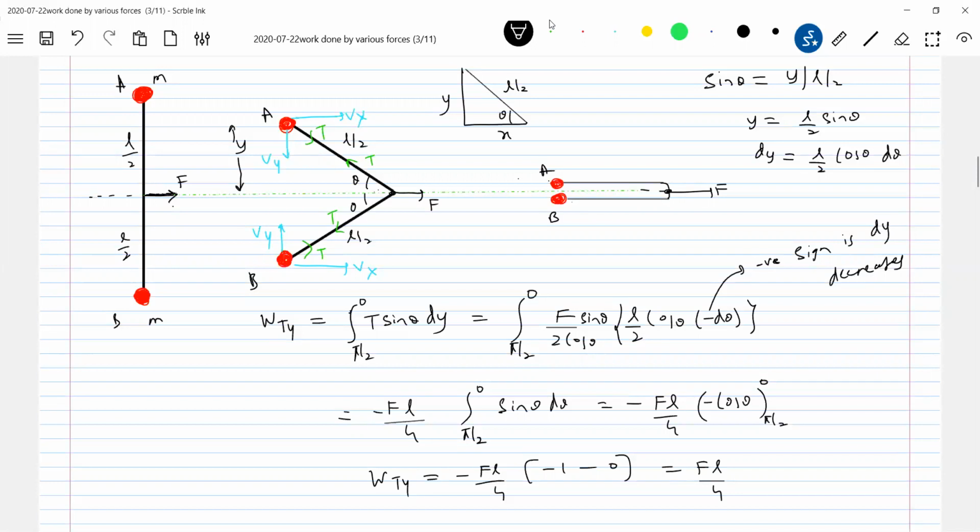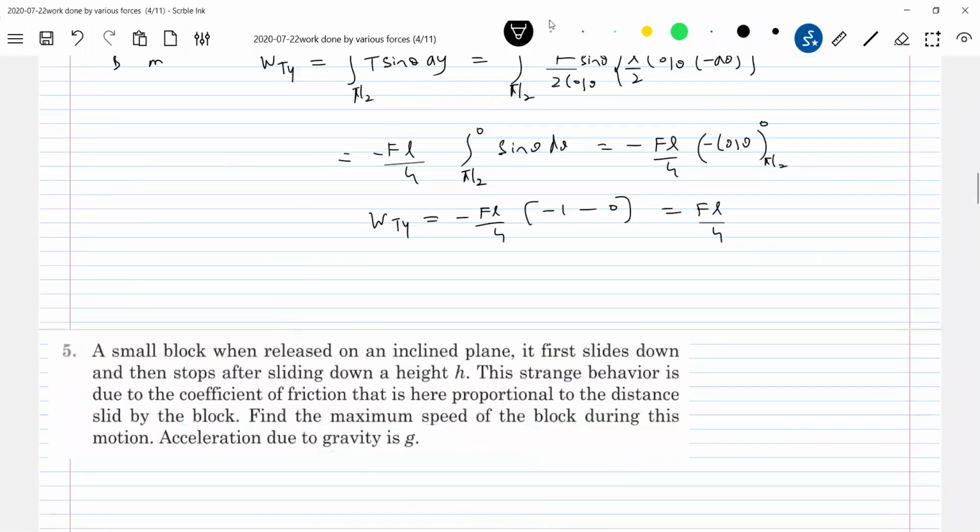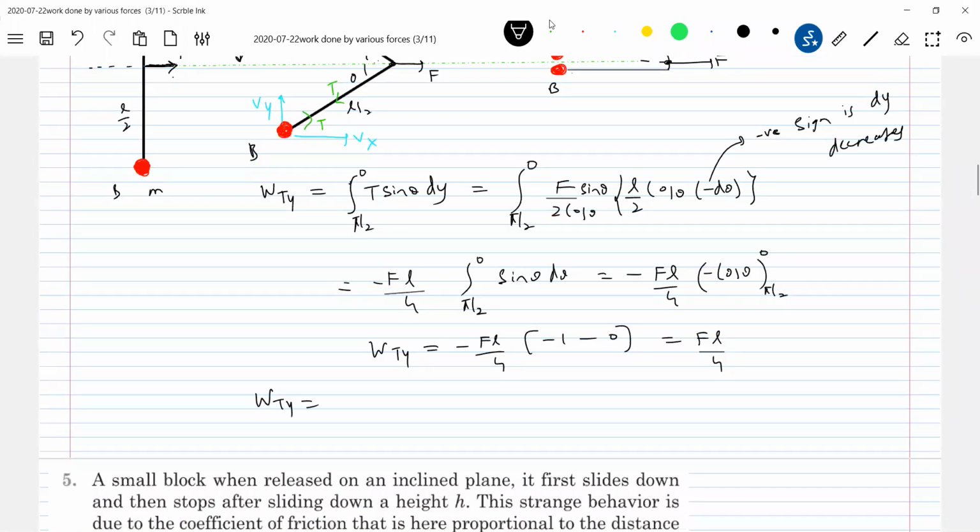In fact, the work done by the y component T sine theta is positive work, which is what this sign indicates. Now we got this much. He is asking for the relative speed. So the work done W_Ty should be equal to m Vy squared by 2 on each individual disk.